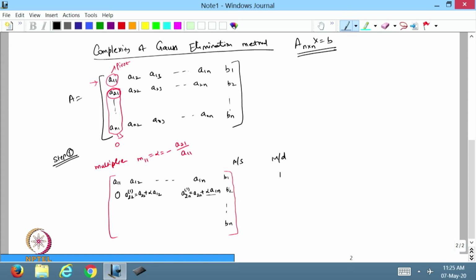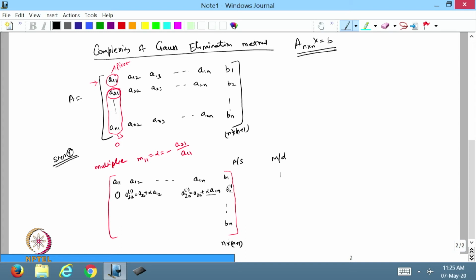Now, this also will become B1, and B1 will be multiplied by alpha and added to this B2. So, that will be this one. Now, from here you can see that the dimension of this matrix is n cross n plus 1.